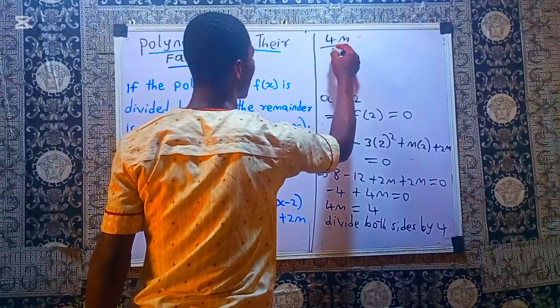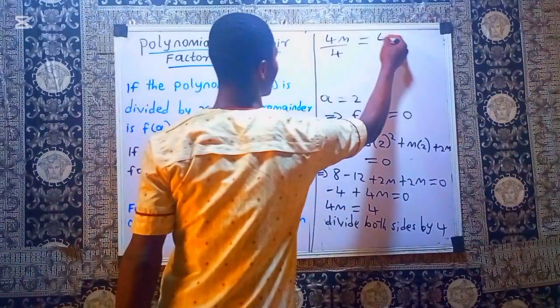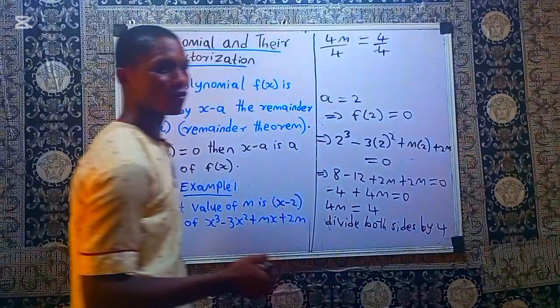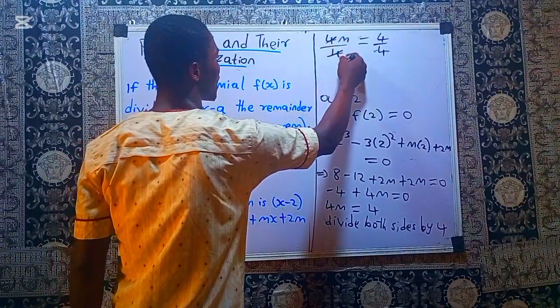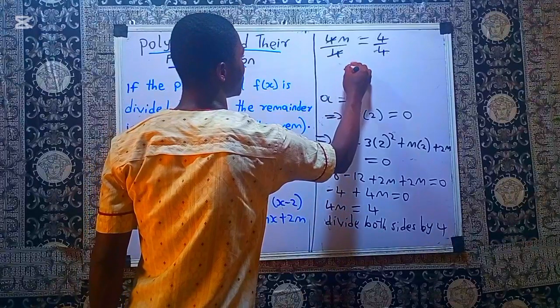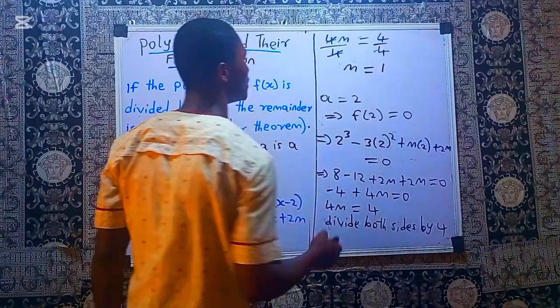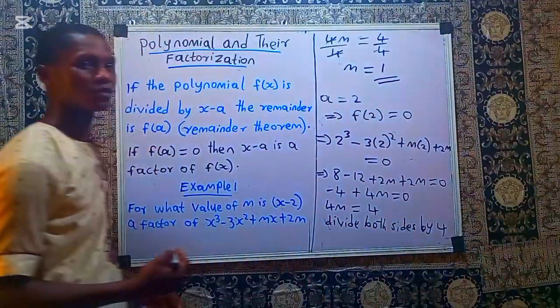So 4m over 4 equal to what I have at the right, which is 4, also over 4. Then 4 divided by 4 is 1, multiplied by m, I have m here. Then 4 divided by 4 is 1. So clearly our m is equal to 1.